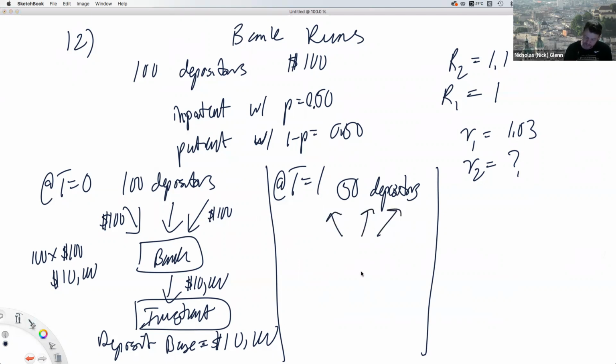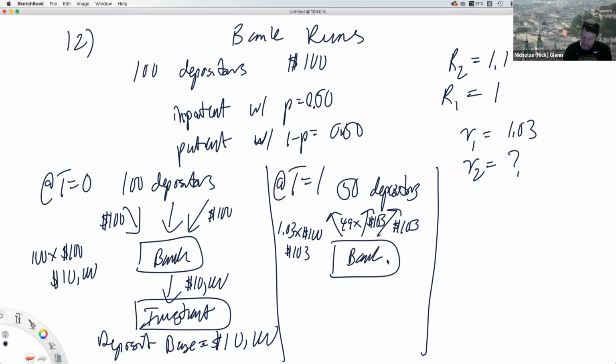How much are they getting? Well, the bank promised 1.03. They each put in $100, so that's $103. Each one of them is getting $103. So 50 depositors are getting 103 each.